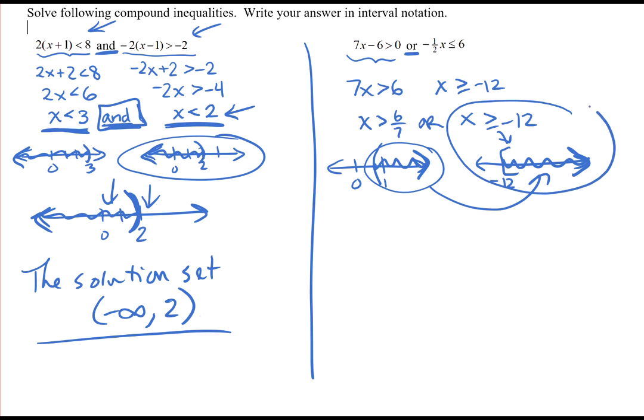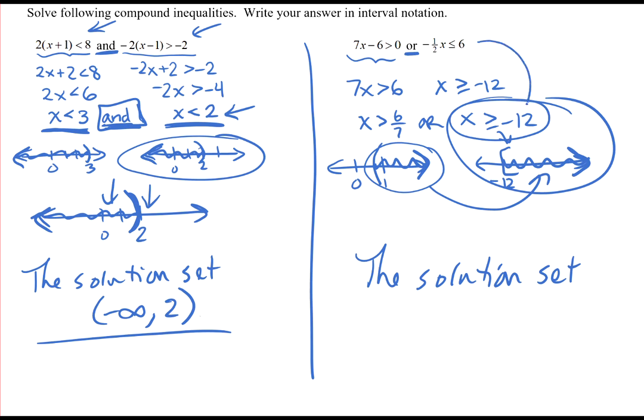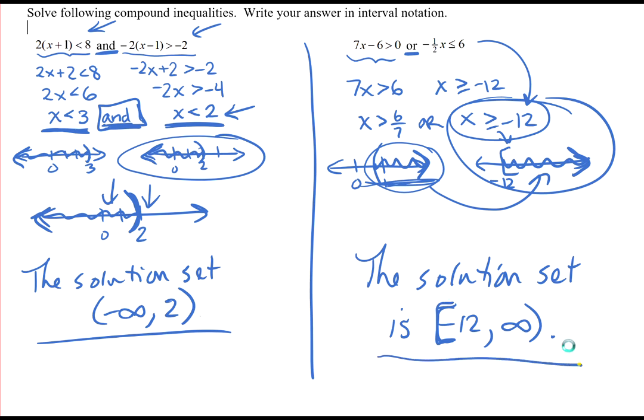So the second set actually is my answer. The solution set is the one we got from the second inequality, because that contains all of what the other one had. So the solution set is from negative 12, including negative 12, up to infinity. Brackets on the negative 12 because it can be equal to negative 12.